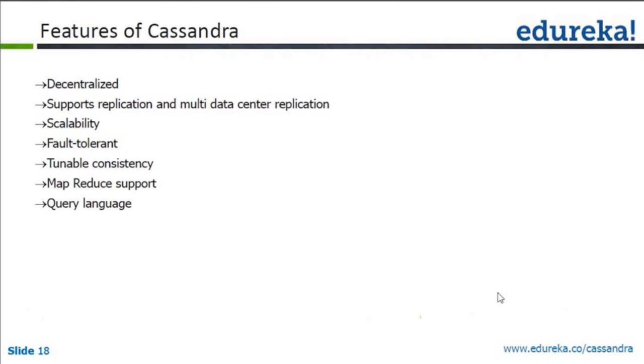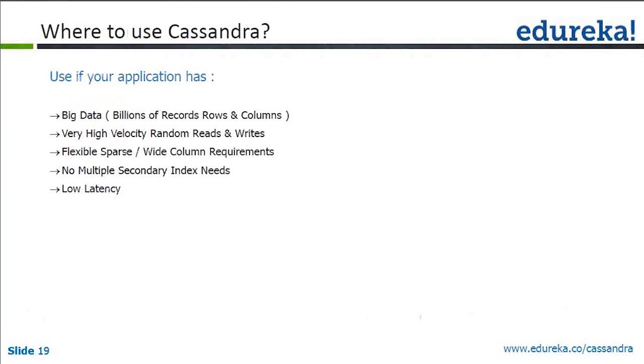It has inbuilt support for multi-data center replication. We can have n number of instances among which data is distributed, and each instance will have a number of replicas configured, so that in case of a disaster recovery, the replica will turn into a primary and start serving the requests, serving the loads.